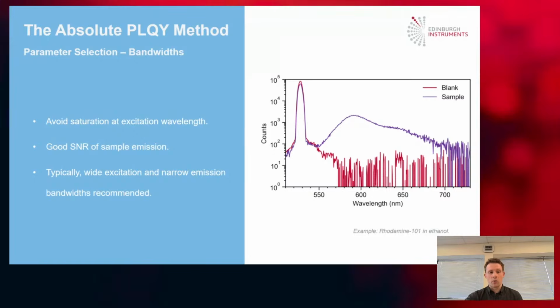You want to set your bandwidth so you're not saturating your detector, but you also want to get good signal to noise ratio in the emission region. But we'll talk a bit later on about how to measure samples that have very, very low emittance. Typically for these experiments, we recommend using a wide excitation bandwidth and a narrow emission bandwidth so that you get good resolution in your scattering peak when you're integrating.